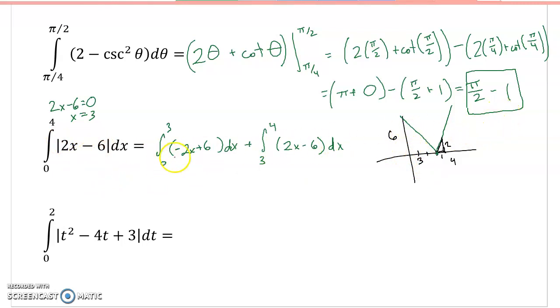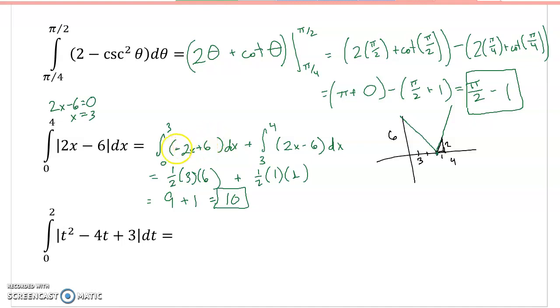And so the first triangle is going to be 1/2 base times height, which is 1/2 times 3 times 6. And the other one is going to be 1/2 times 1 times 2. And if you see these shortcuts, then use them, because that's a lot easier than taking the antiderivative here and the antiderivative here and then doing the subtraction for each of these two things.